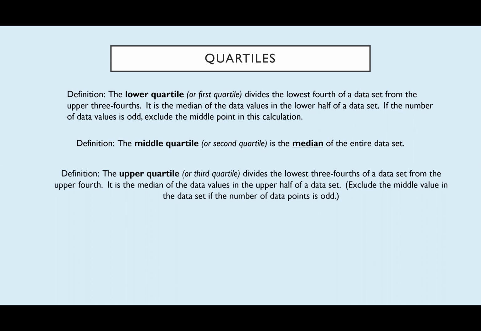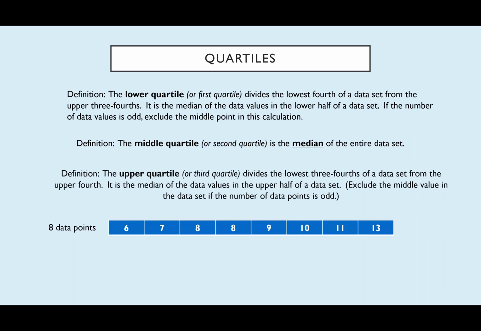So let's look at an example here. We have 8 data points. So we can actually split up our data evenly, half and half, by taking the 4 bottom and the 4 top. We saw previously in this example that the median was 8.5.